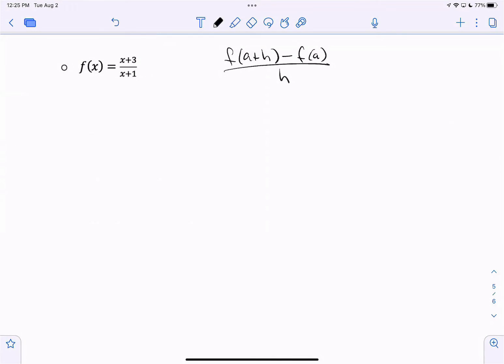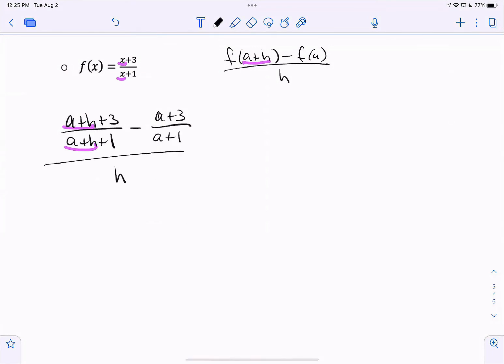F of a plus h is going to be a plus h plus 3 divided by a plus h plus 1. Remember, I'm substituting a plus h wherever I see x in the function expression. Minus f of a, that's going to be a plus 3 over a plus 1, divided by h.